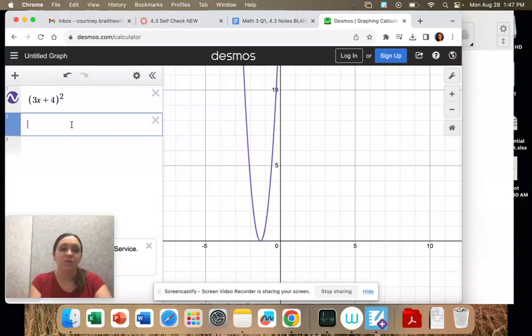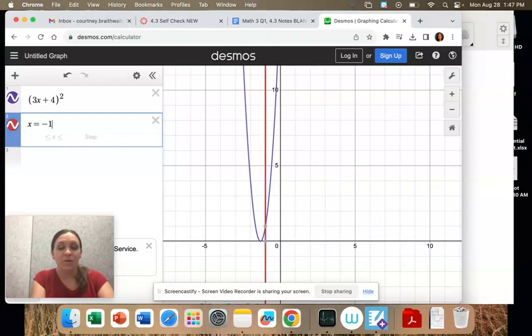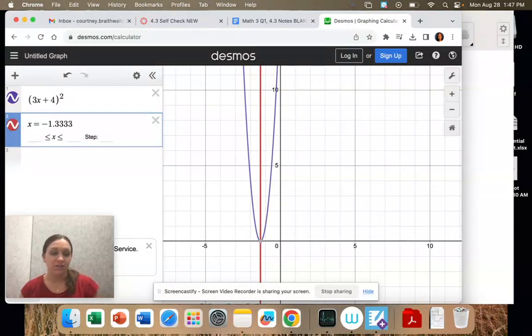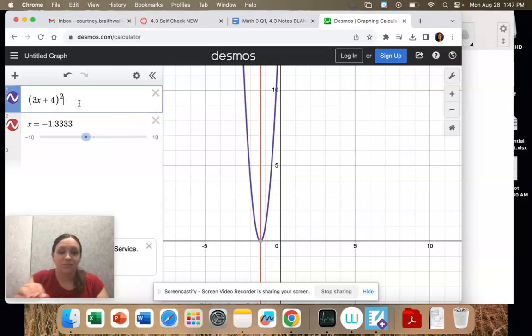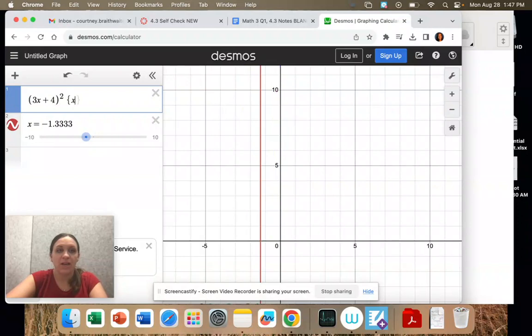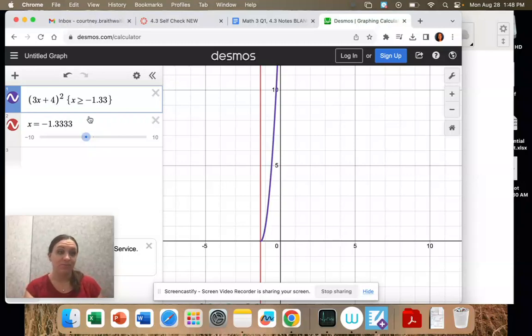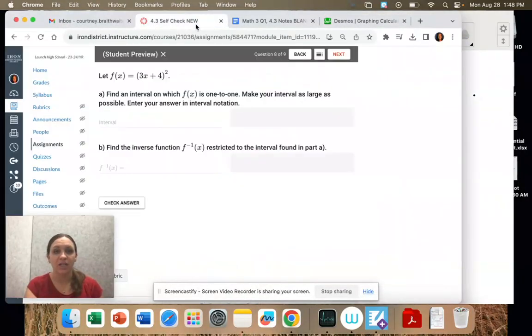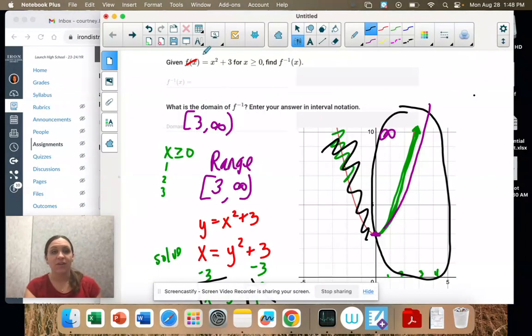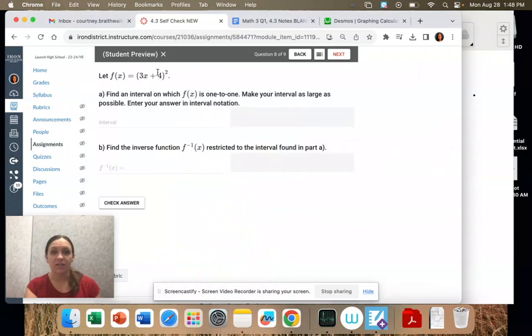If you type negative 1.333 in Desmos, that's a rounded number, so we need to find the actual fraction. We want x to be greater than or equal to negative 1.33. That's not going to work in Derivita, because it doesn't say to round.